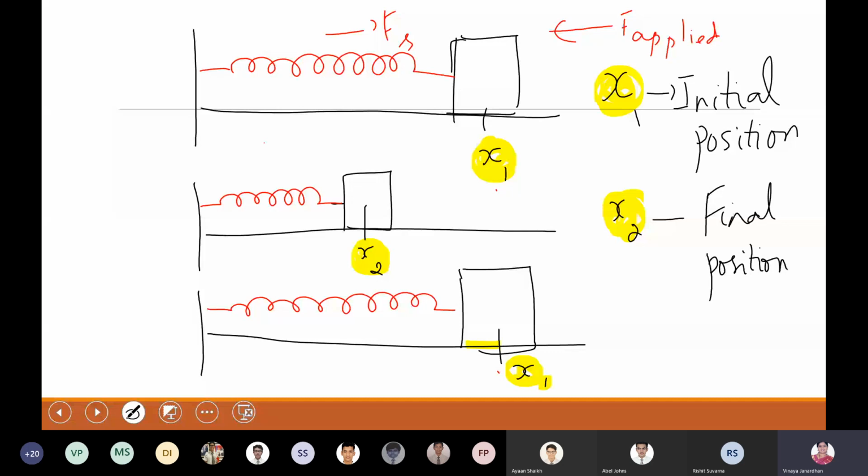Then once you leave your applied force, all this stored potential energy will be converted to kinetic. The block comes back to its original position. So when the block starts from x1 and comes back to the same position, if you can prove that the work done by the spring force is zero, then you can easily state that the spring force is a conservative force.